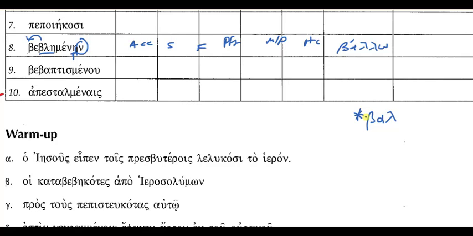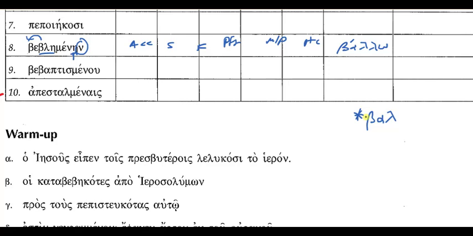So on page 374, the present, everybody say this with me, balo. So I throw, balo. What form is that? That's the future. What is wrong with this future form? It's a liquid stem. Lambda's a liquid. And there's no keeping a sigma around a liquid, is there?